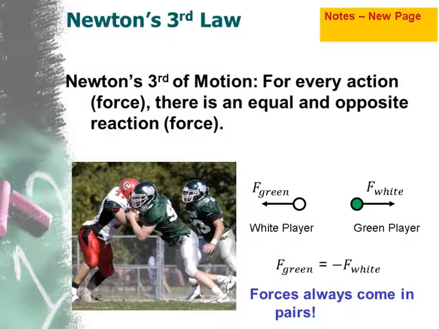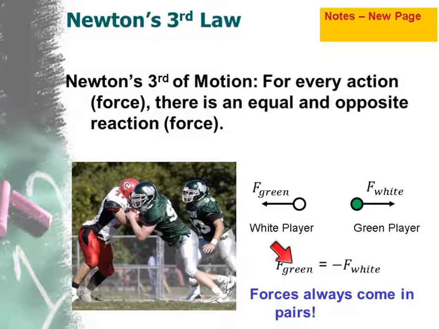So if we were to draw force-body diagrams for these two players, these two bodies, the white player would have a force exerted on him by the green player, which we might label F green. And then we draw a separate force-body diagram for the green player and have a force exerted on him due to the white player.